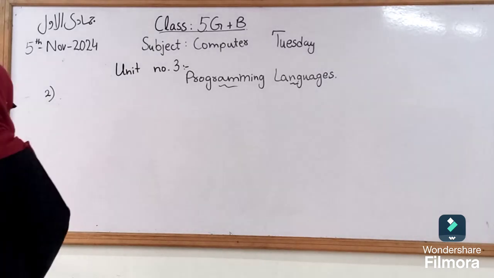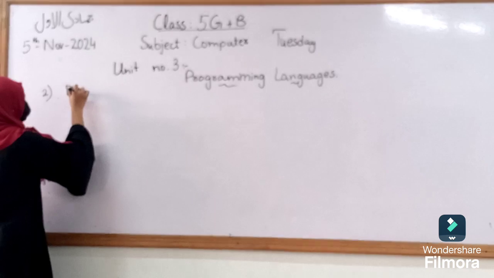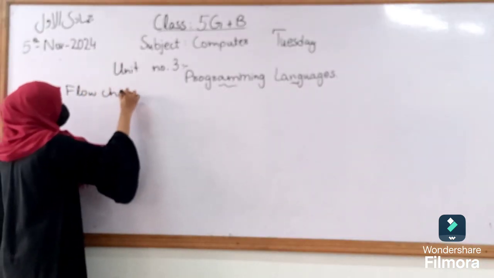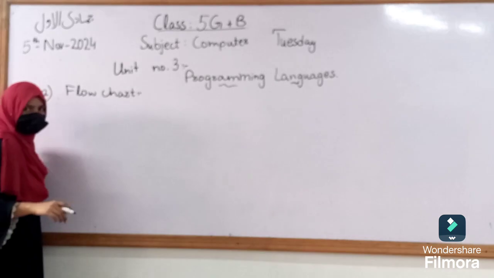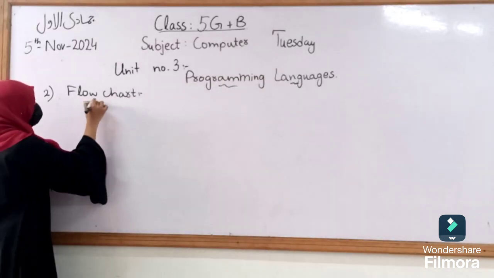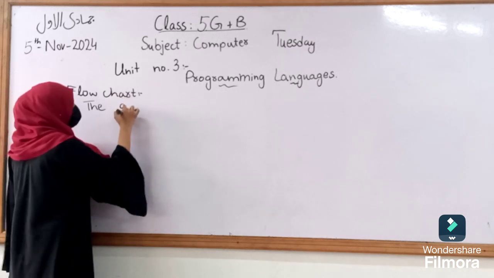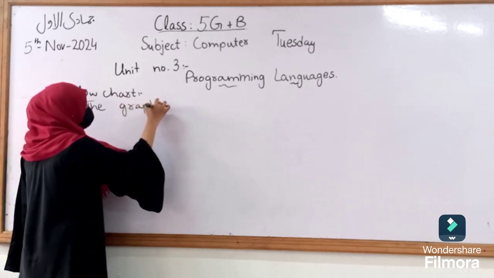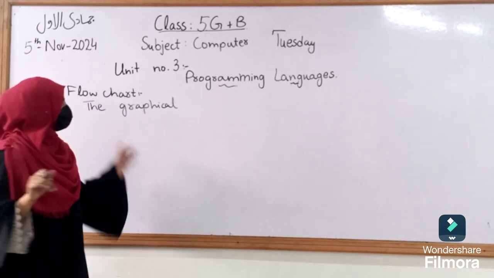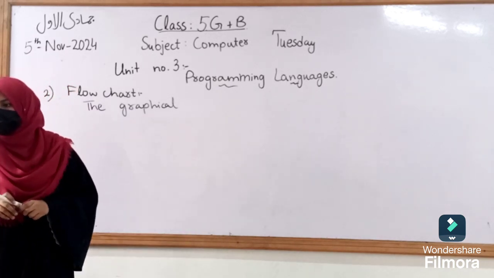So students, now we are going to revise the lesson of flowchart. ठीक है, we also talked about flowchart. What is a flowchart? The graphical representation. Okay, let me ask you, who will tell me what is a flowchart? Raise your hands.